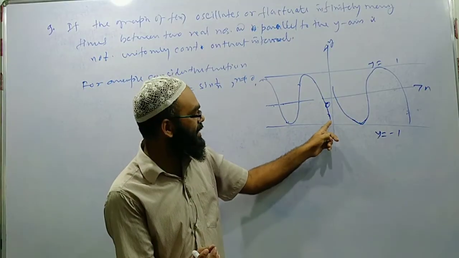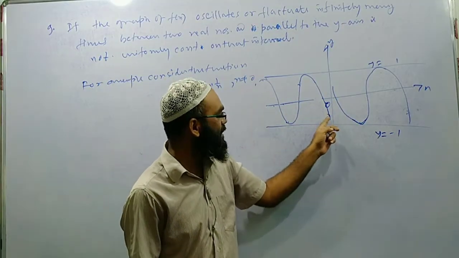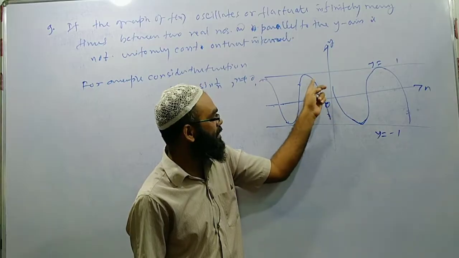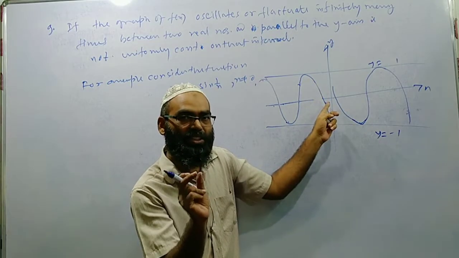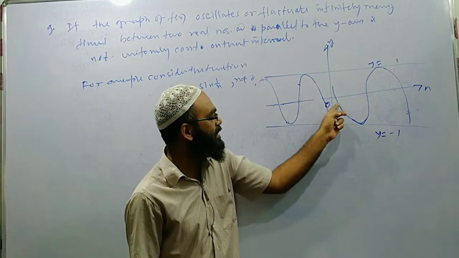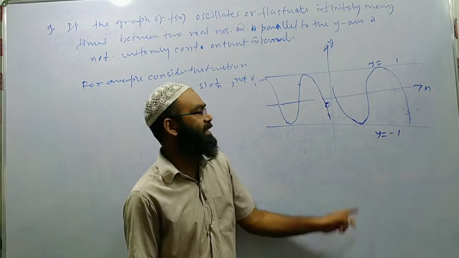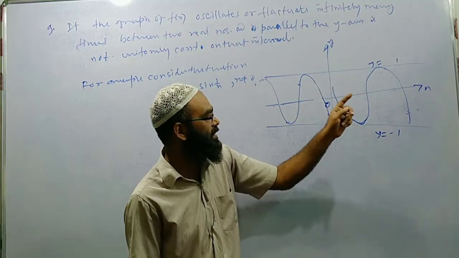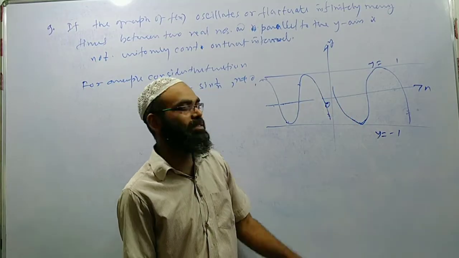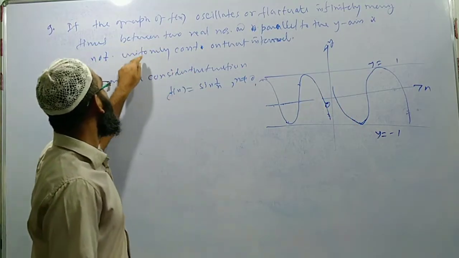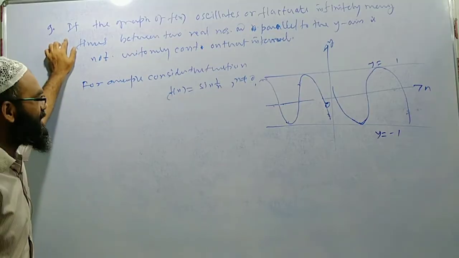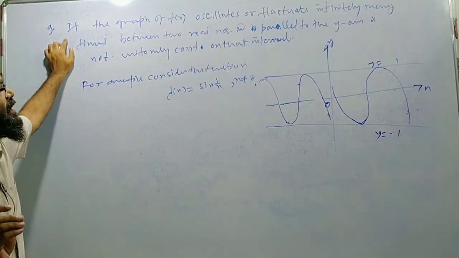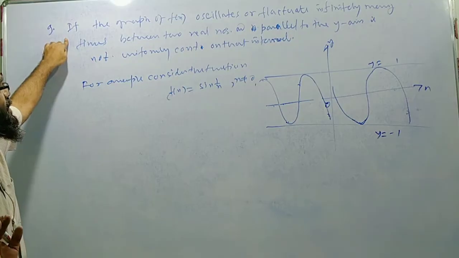Observe that the curve near x equal to 0 becomes parallel to the axis of y. This part is parallel to the axis of y, and hence applying this graphical test we can say that the function is not uniformly continuous.